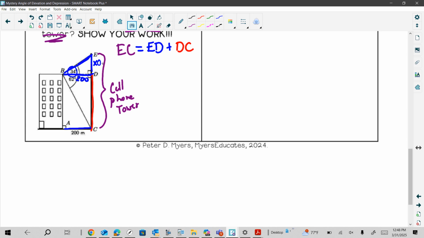X would be the opposite, so it would be an O. The 200 would be the adjacent, so it would be an A. Yes, O and A is tangent. So tangent of 34 equals opposite X over adjacent 200.